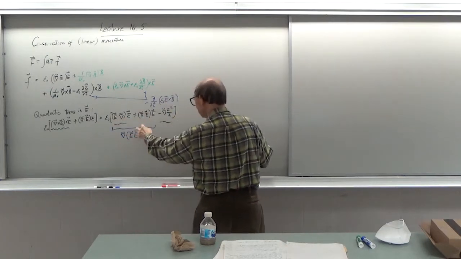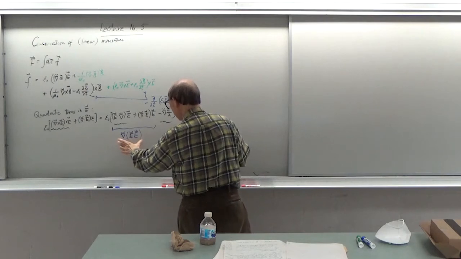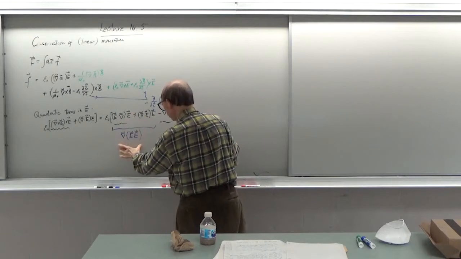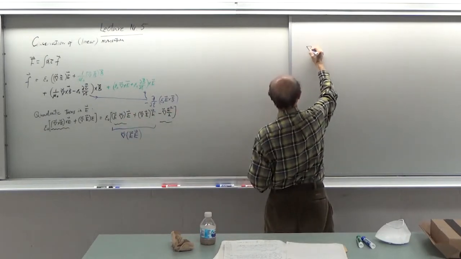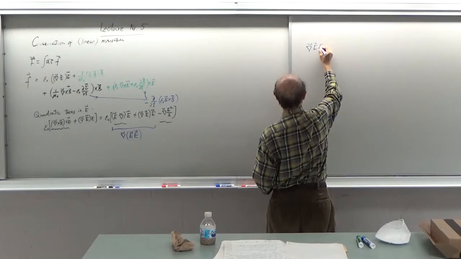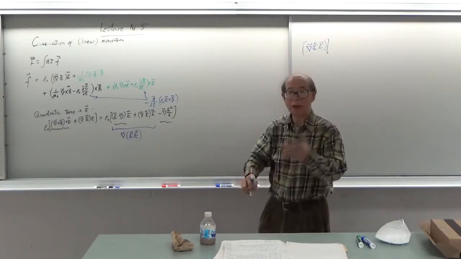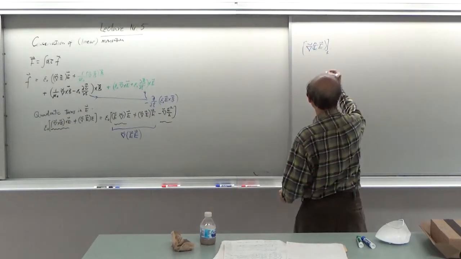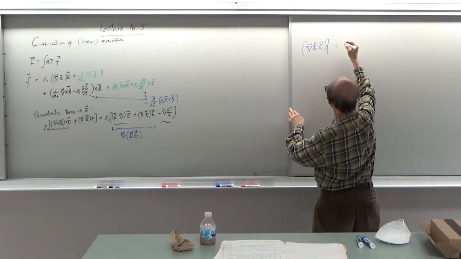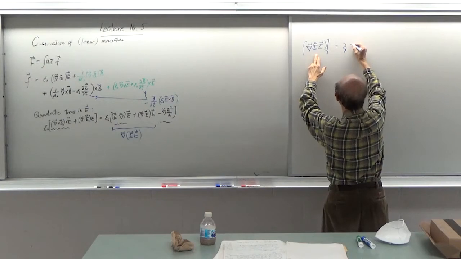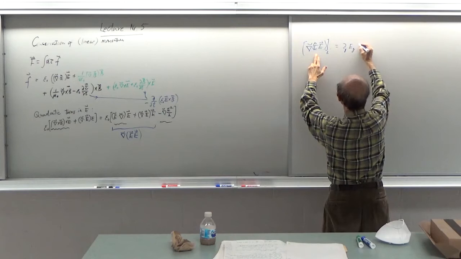So let's ask the question of a certain component of this object. So we're interested in the ith component. i can be x or y or z. What's that? That would be del j E j E i.